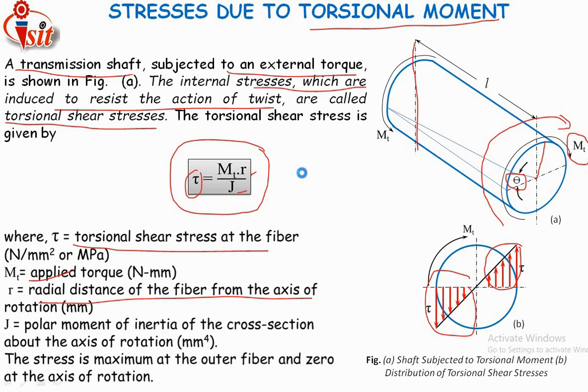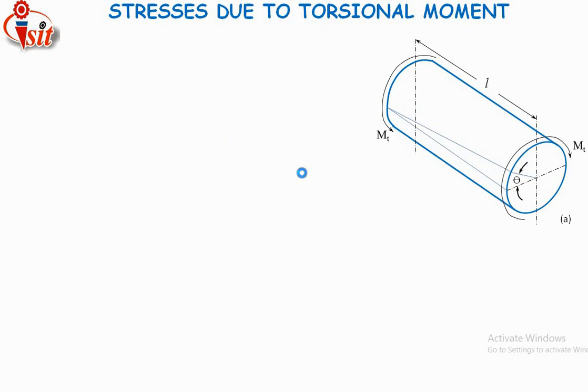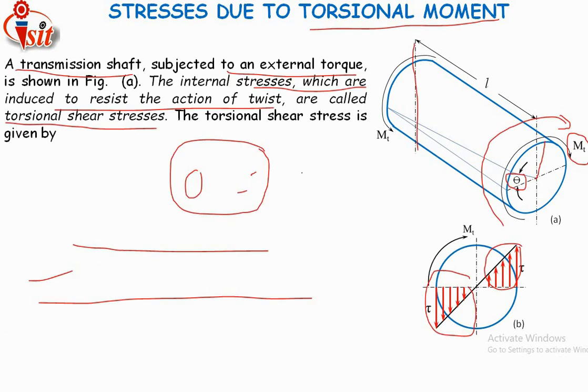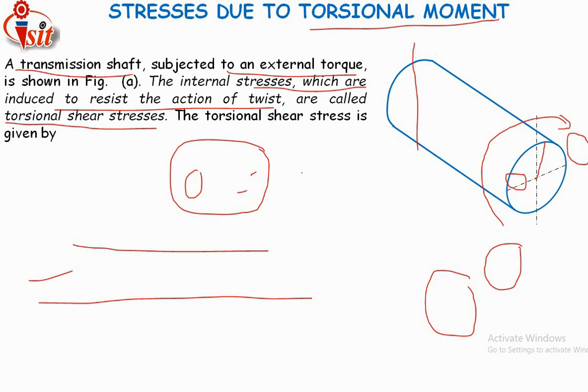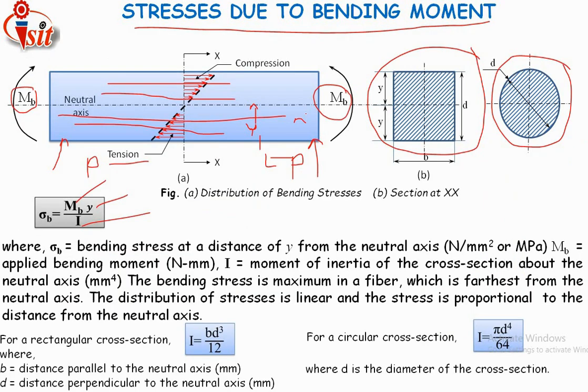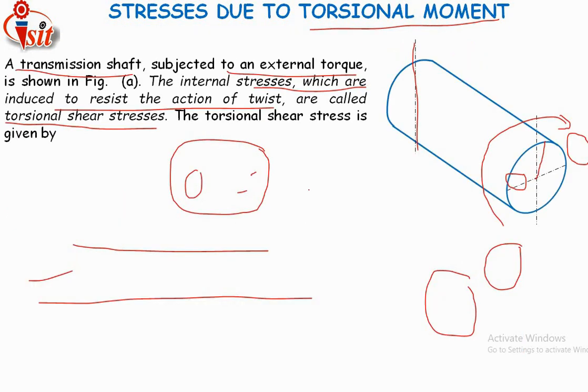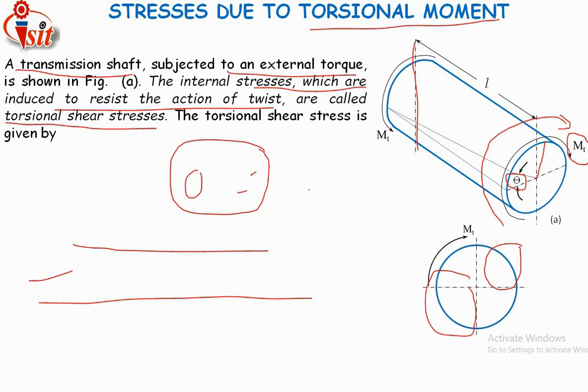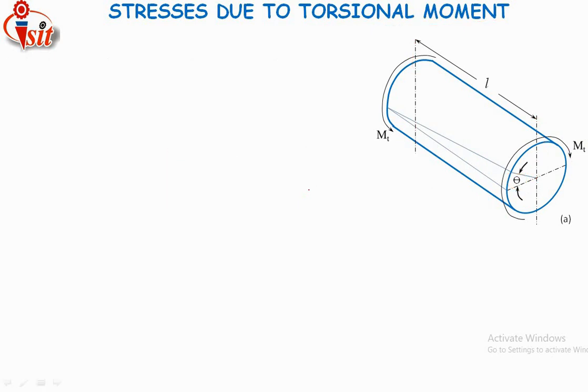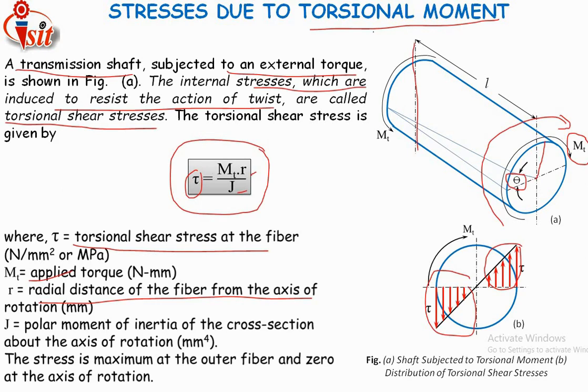And we have seen the equation of bending stress, which is also required for solving the problems. So bending stress gets induced due to the action of bending moment, and torsional shear stress gets induced due to the action of this torsional moment.